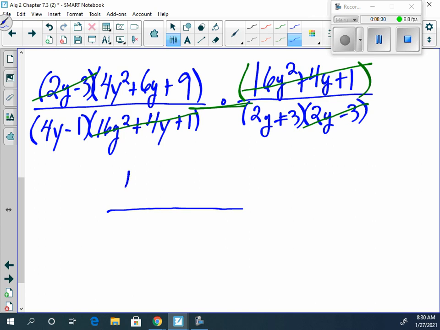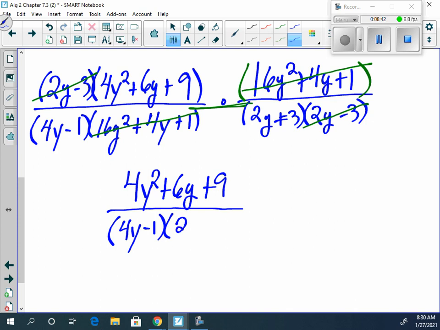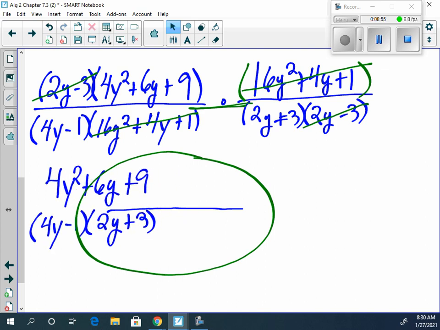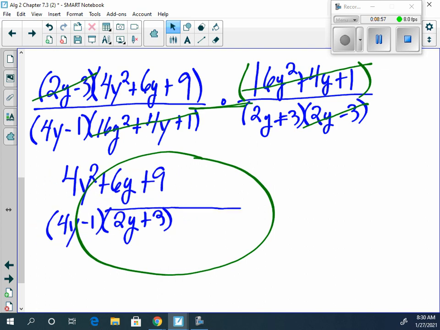So on top, we're left with 4y squared plus 6y plus 9. And on bottom, we're left with 4y minus 1 times 2y plus 3. I'm just moving it over.